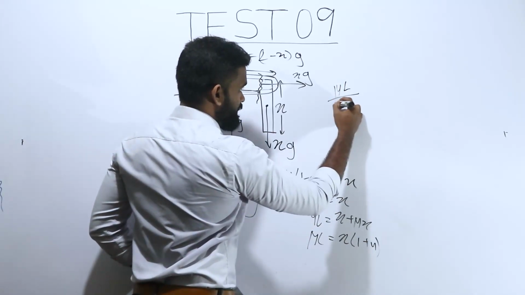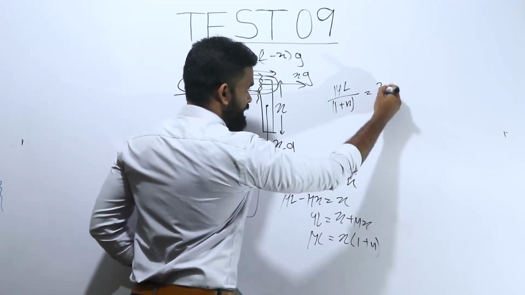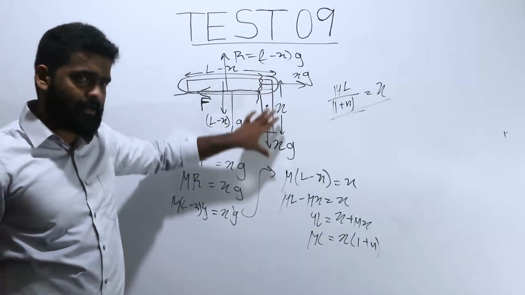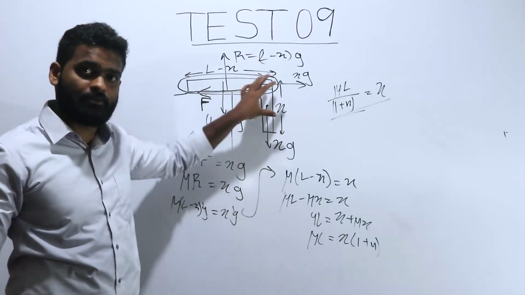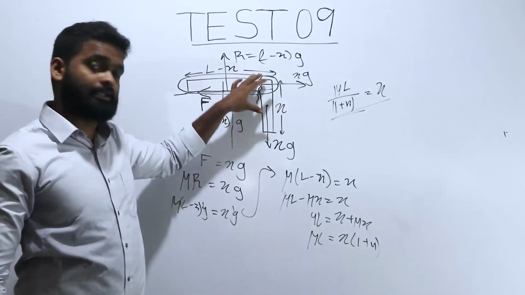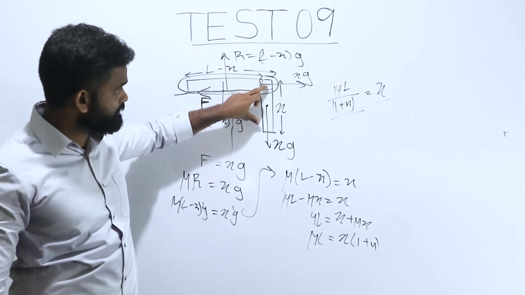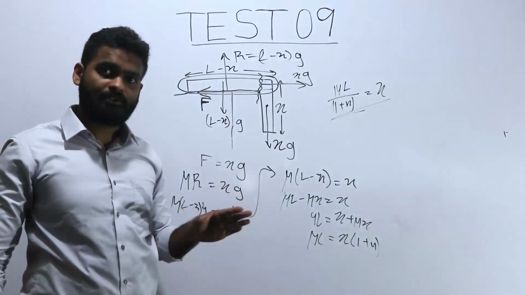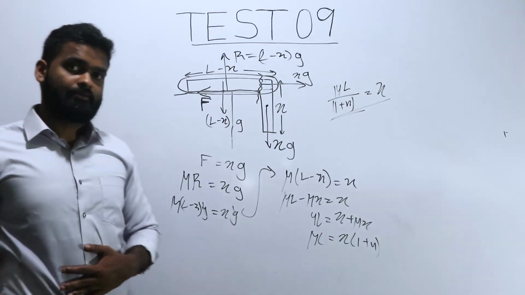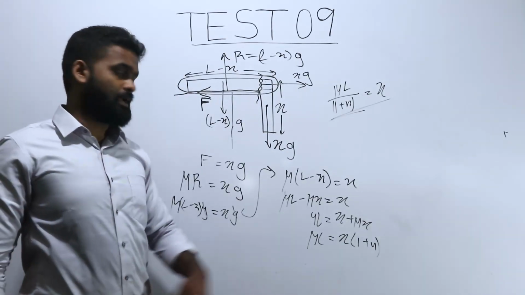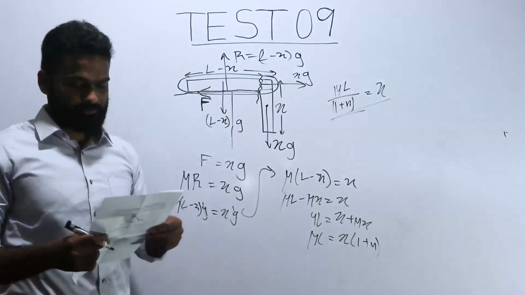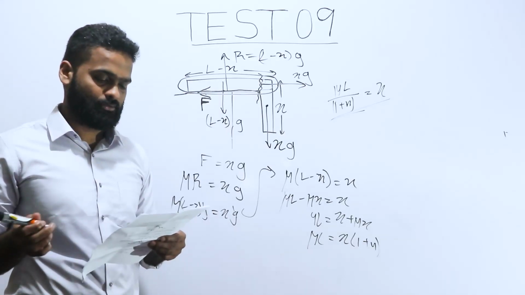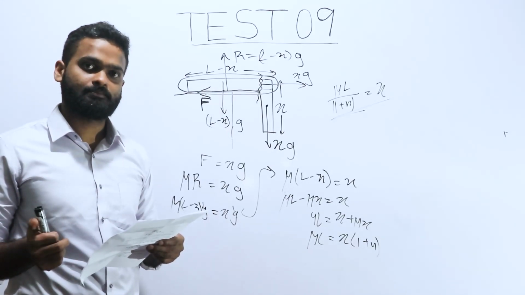So mu L divided by (1 plus mu) equals X. So this is the length of the chain that is hanging by the end of the table, the maximum that can hang there, right? So this also is a limiting friction case. We can identify that because they are asking for a maximum value of X. So the answer for the 11th question should be the third one, that is mu capital L divided by mu plus 1.